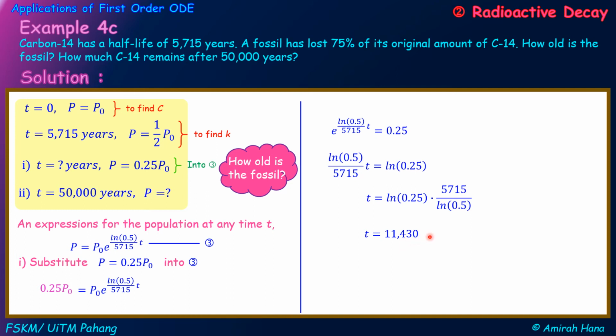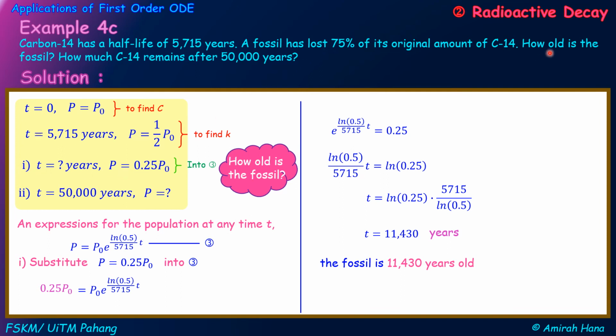We need to put a suitable unit. From here, we have years here, so we write years. Okay. Then we can write the fossil is 11,430 years old. Right? So this is the answer for question 1.